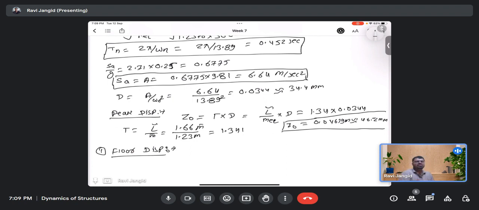So can you tell me how we calculate the floor displacement? Do you remember the formulation for the floor displacement?